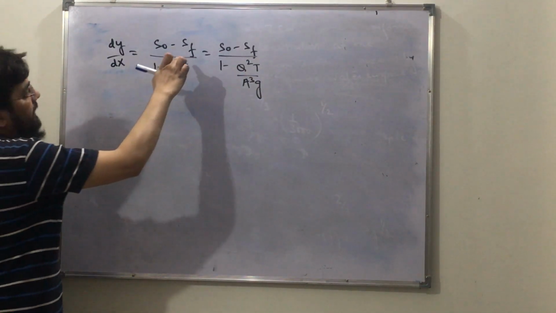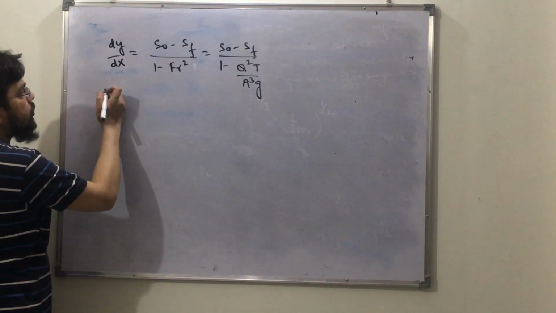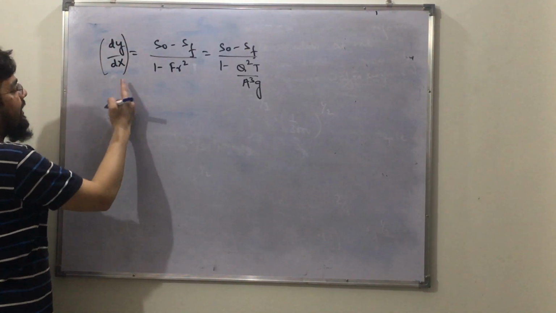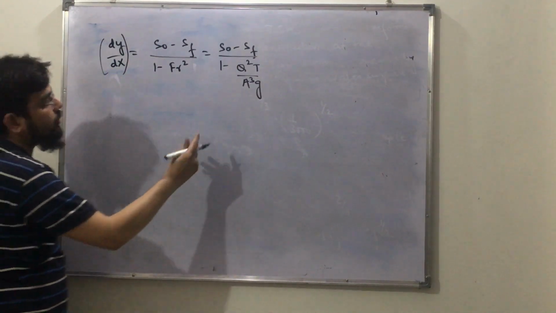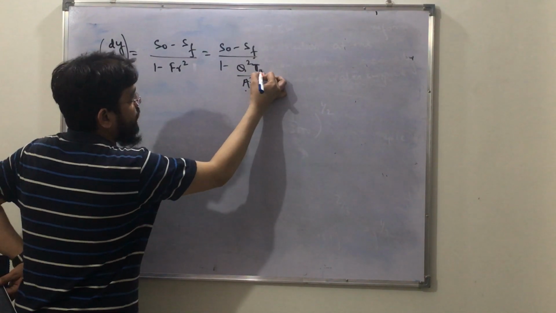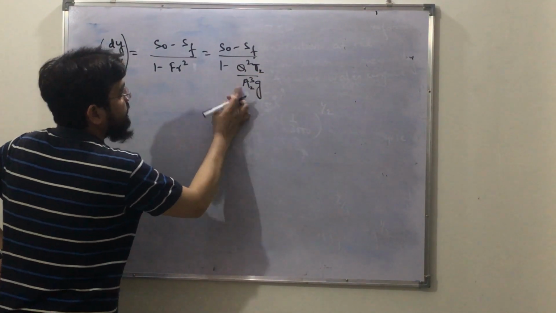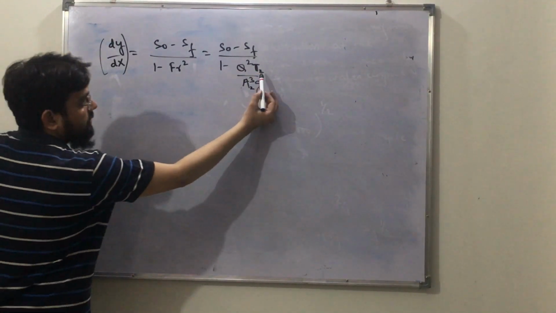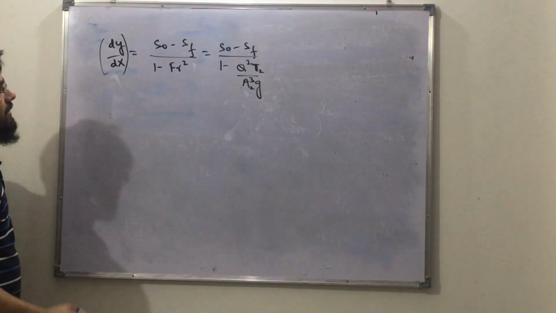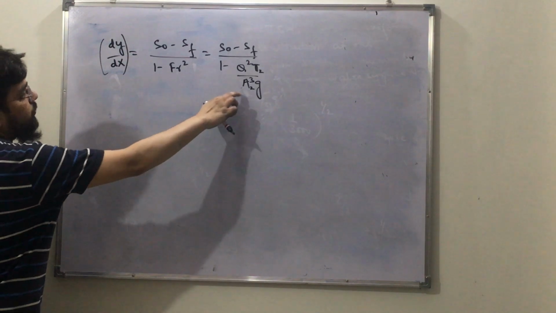Now we need to calculate SW at section 2. So we will be calculating dy by dx also at section 2. For calculating dy by dx at section 2, we need to calculate the parameters of T and A at section 2. So I have used the suffix 2, because we are calculating parameters at section 2.